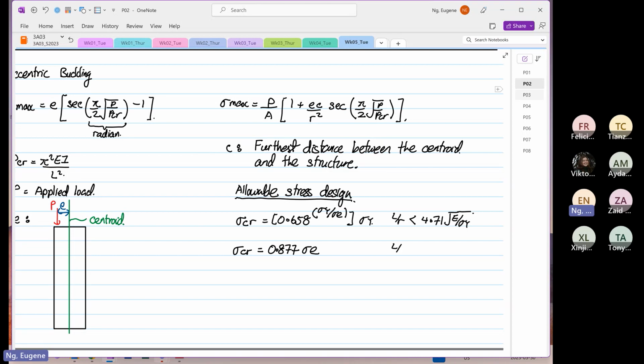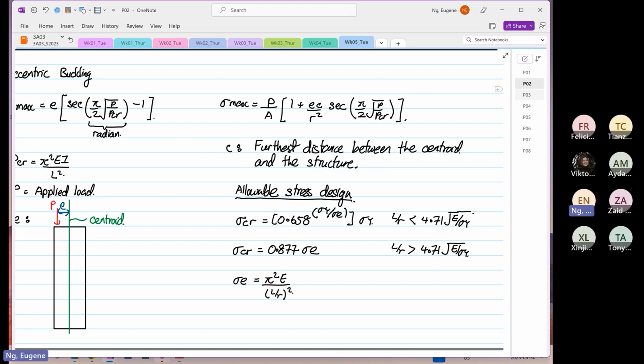And you use this when the L/R ratio is greater than 4.71 times the square root of E divided by stress Y. Okay. And then for this one, we have to apply that stress E is equal to pi squared E over (L over R) squared.